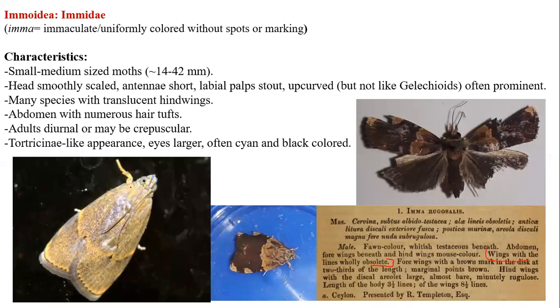Now, how to identify these family members? The problem is that moths belonging to this family often appear to be like family Tortricidae and the subfamily Tortricinae therein. You are seeing here that this moth is very similar to Tortricinae subfamily members.